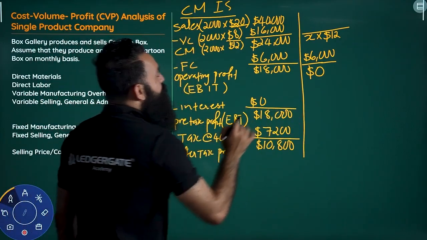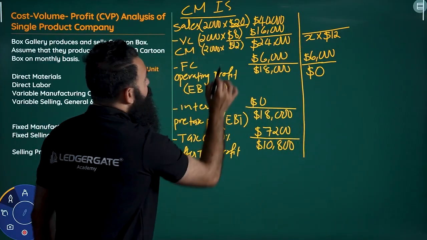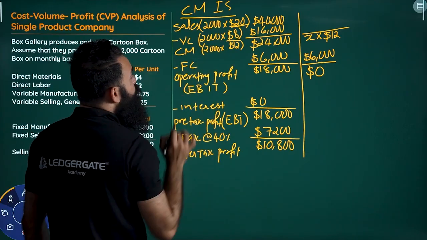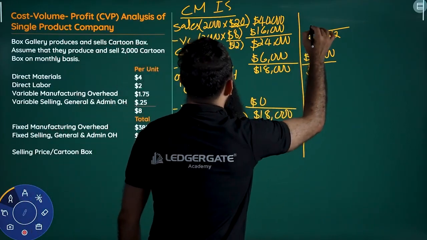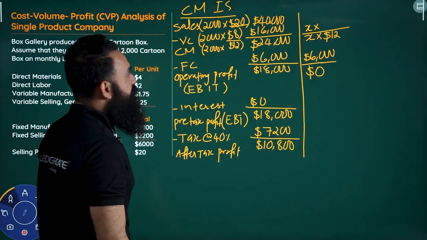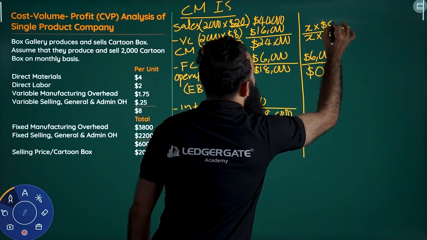We can fill in the same manner here. Variable cost per unit never changes. Then what will change? This 2000 will change. Instead of 2000 it will become X, X into $8.